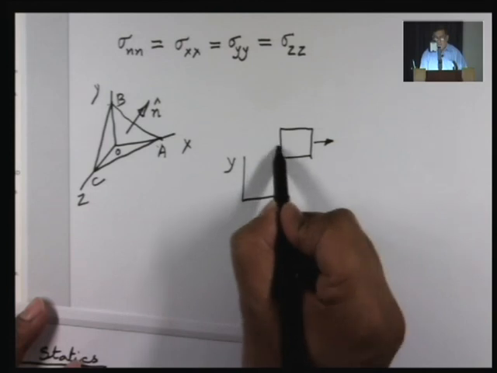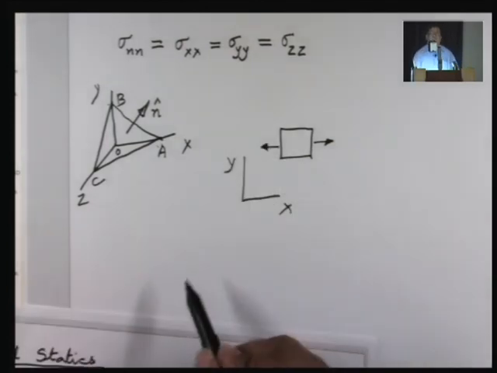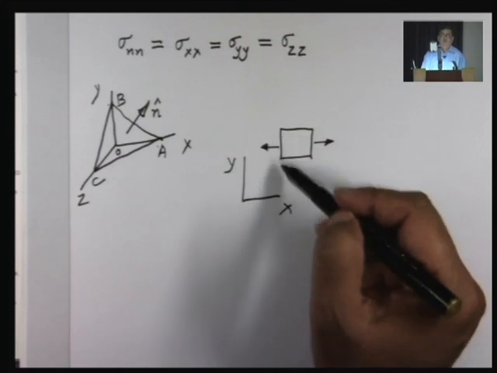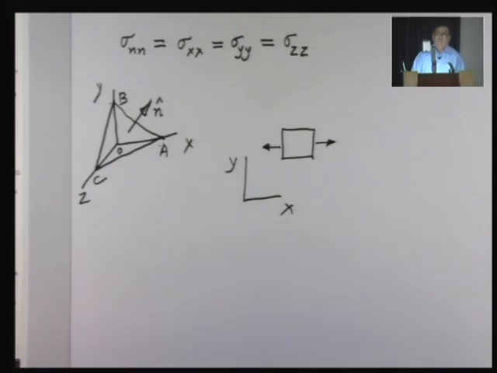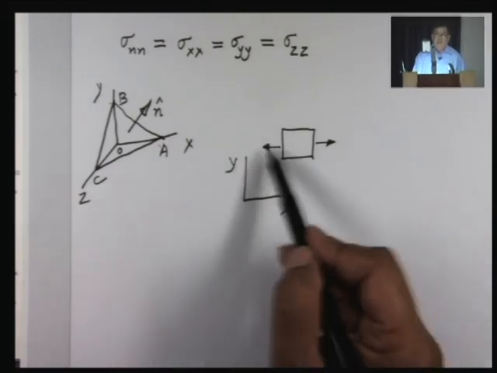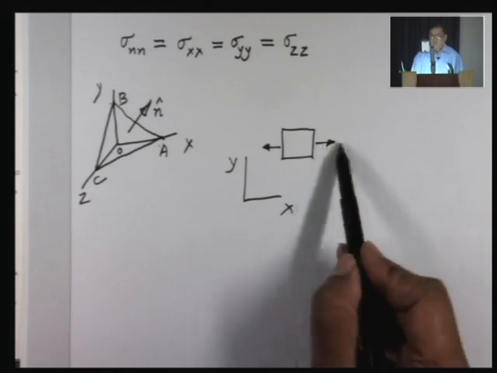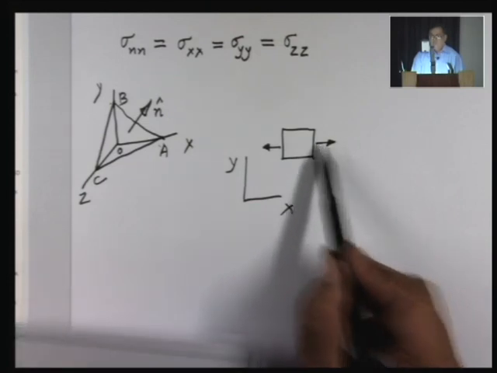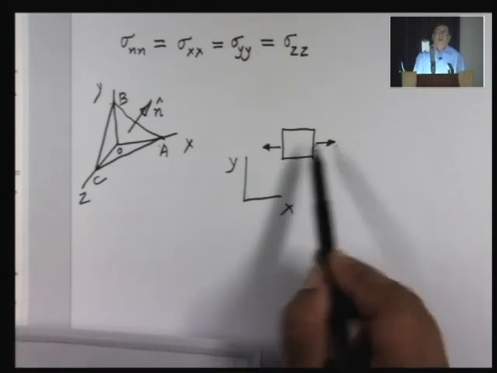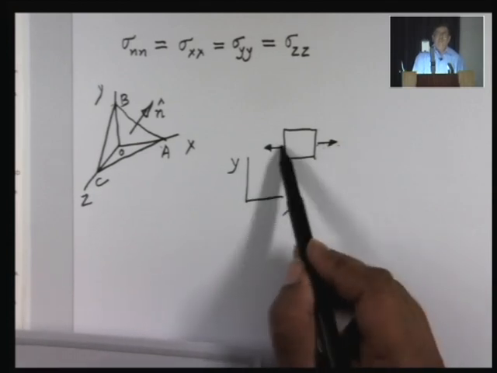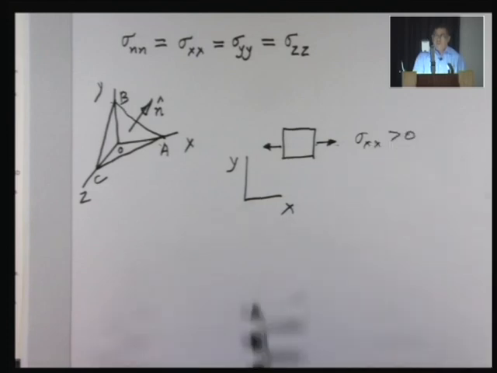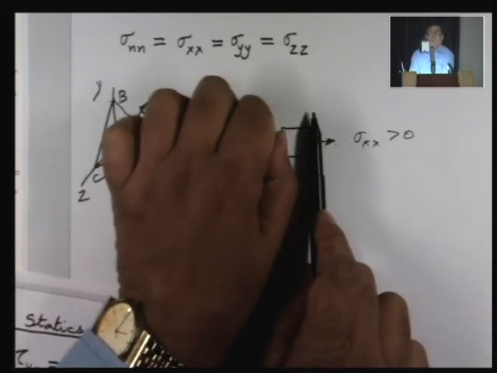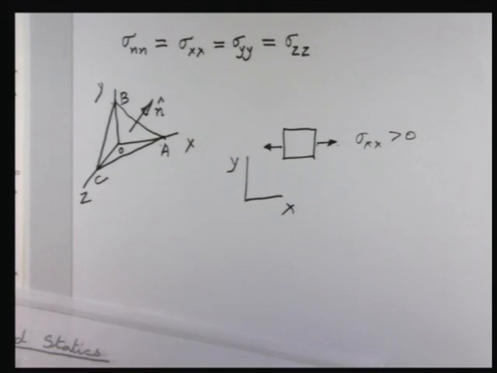And as Professor Chakraborty mentioned, for the negative X plane, that is the plane whose outward normal is in the negative X direction, if the stress is positive, the force will be this way. So I have shown the direction of the normal stresses on these two faces when sigma XX is positive. I can see that the stresses are trying to pull these surfaces apart. So this is a tensile stress.